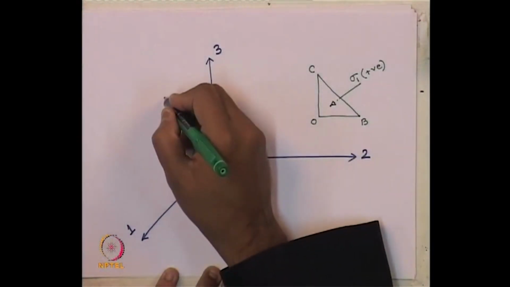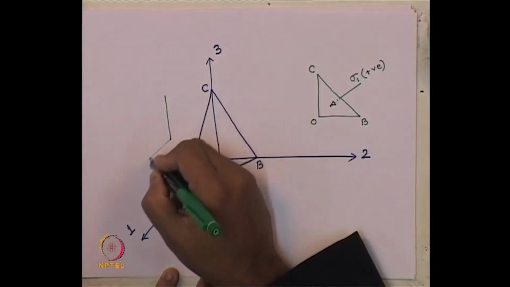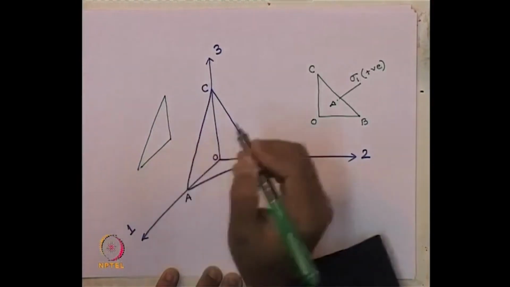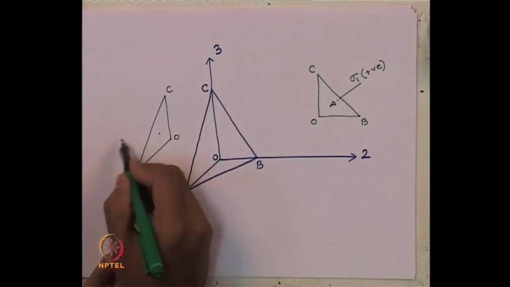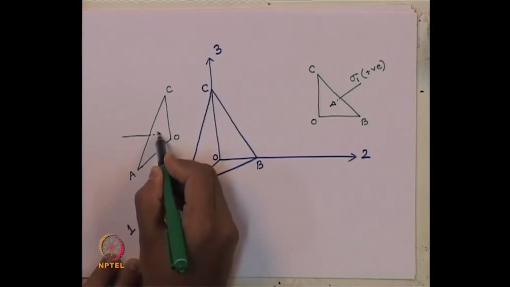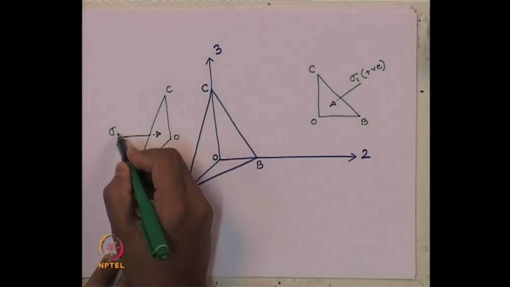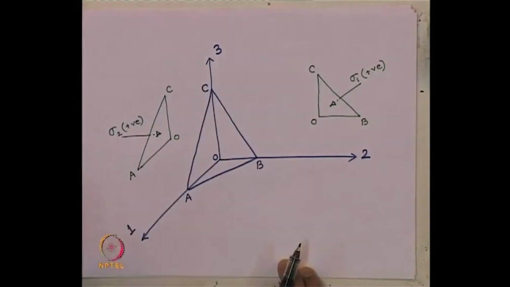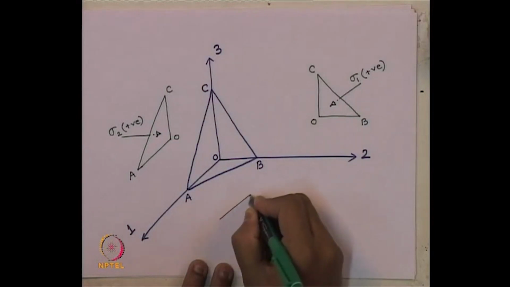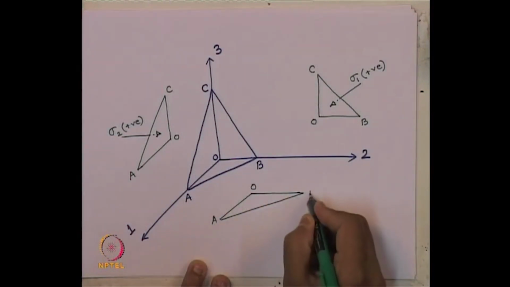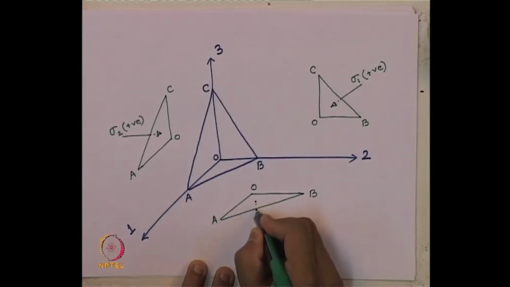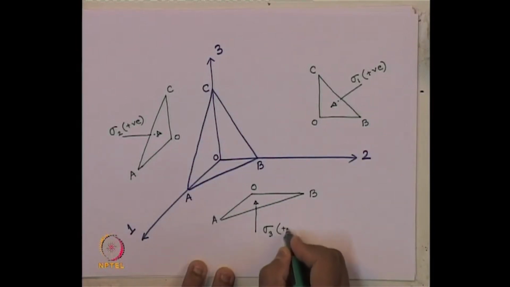Now, on this plane O C A, here we are considering sigma 2 as the principal stress in the direction of 2, and on this plane O A B, let us say this is sigma 3, this is the positive direction.